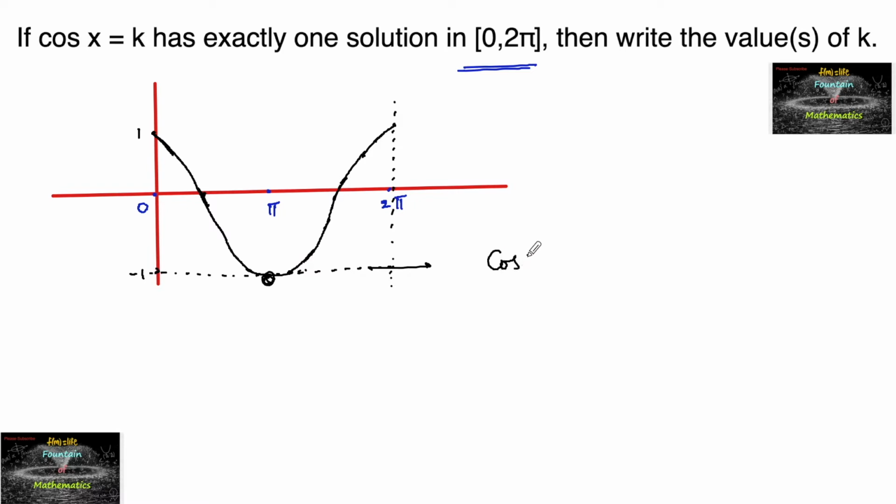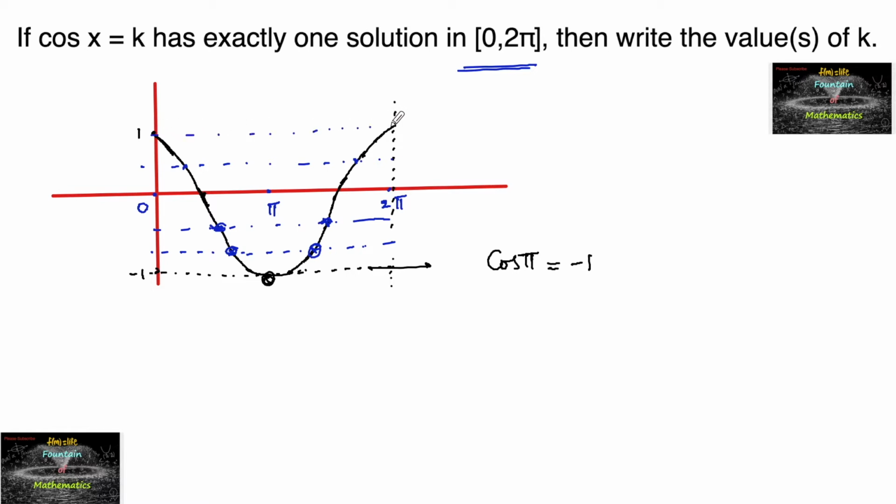So here cos pi is equal to minus 1 is the only one value you are getting, and anywhere else, if we draw a horizontal line, it cuts at more than one point. Here 2 points means two values of x for which cos x is equal to k.